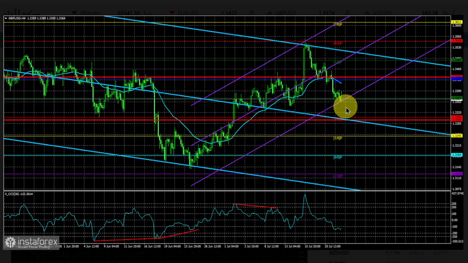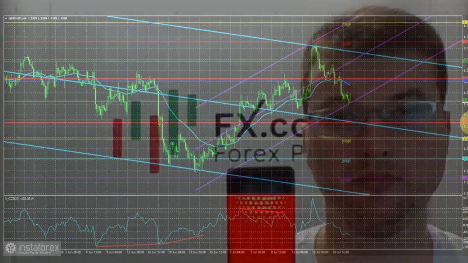Long positions with targets of 1.3489 and 1.3550 can be considered when the price is above the moving average line, the sign line on the graphic. When the price is below the moving average line, bearish positions can be considered with targets of 1.3306 and 1.3296.